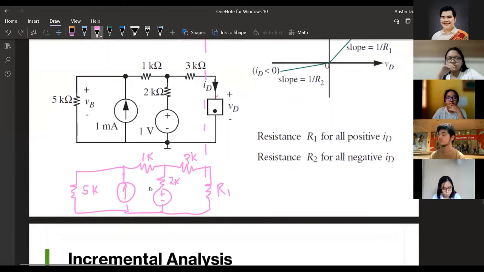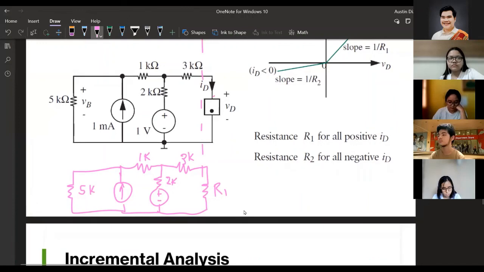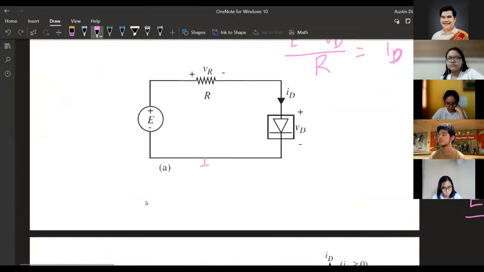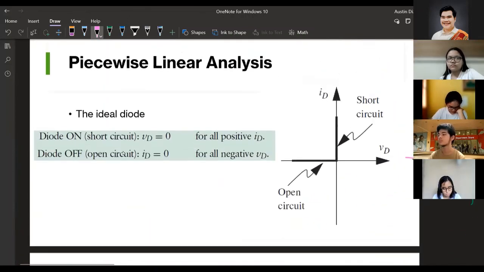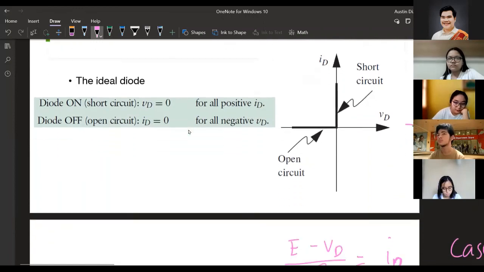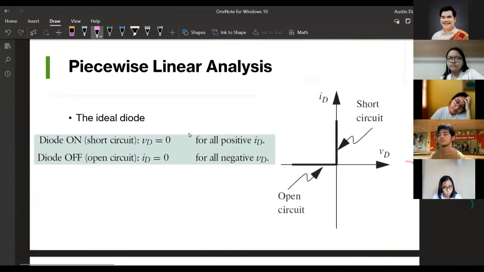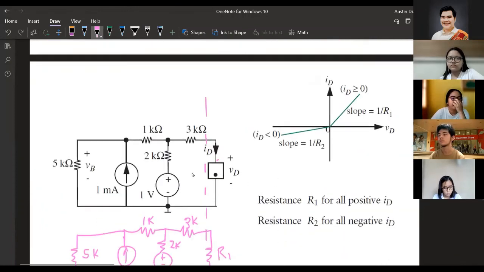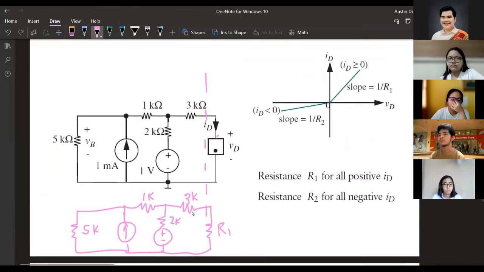And bumalik na ako ngayon sa linear circuit. By piecewise linear analysis, kung titingnan ko yung linear response ng element ko, then I could proceed to changing them into a linear circuit.